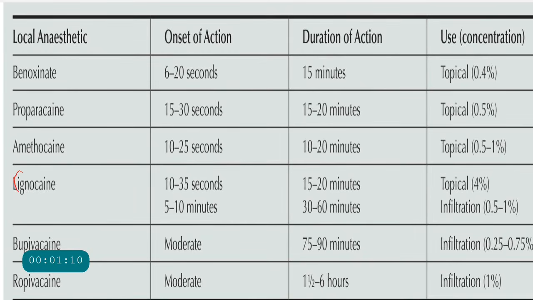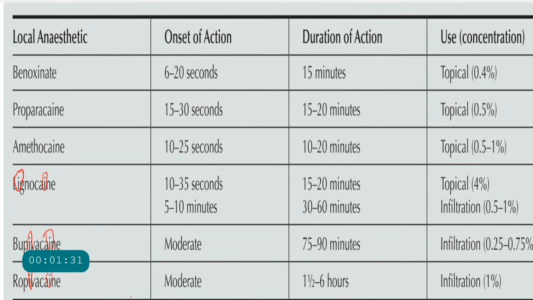For example, in lignocaine, you have one i here, one i here. So this is an amide type of local anesthetic. In bupivacaine also you have two i's, and therefore it is also an amide. In ropivacaine, you again have two i's, and therefore it's an amide. And everything remaining will be an ester type of local anesthetic.